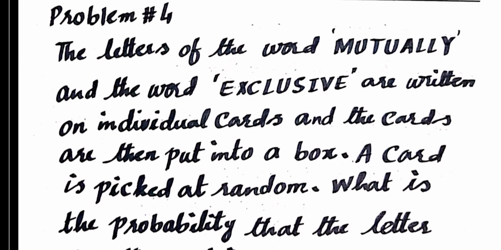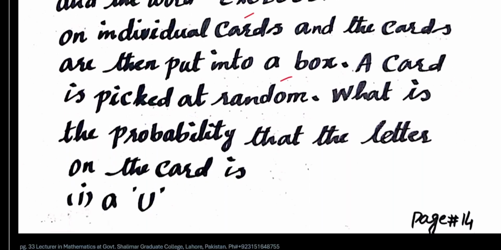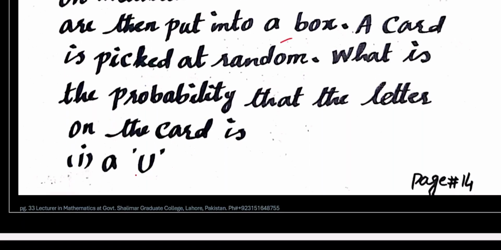Next question is problem number 4. The letters of the word mutually and the word exclusive are written on individual cards, and the cards are then put into a box. A card is picked at random. What is the probability that the letter on the card is U?